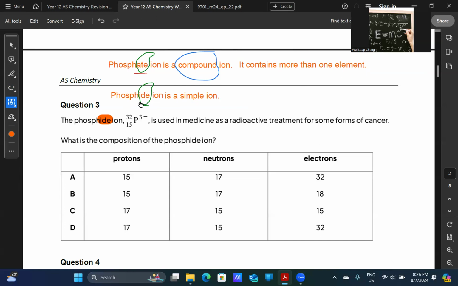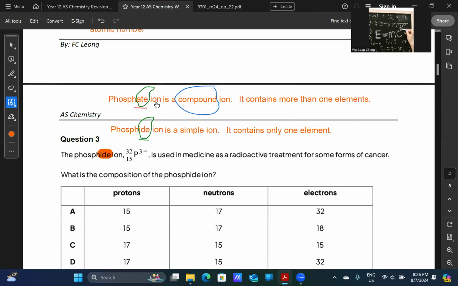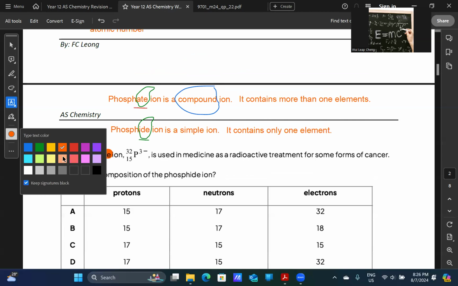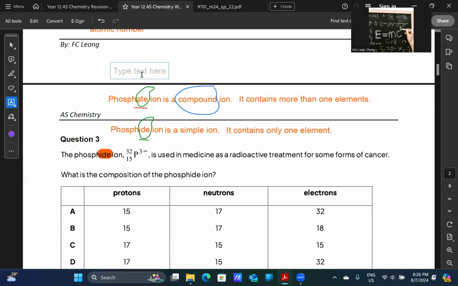If you see the ending IDE, it is a type of simple ion, which contains only one element. Now, what is the other element apart from phosphorus? For this example, there are two elements present in this compound ion. What are the two elements?